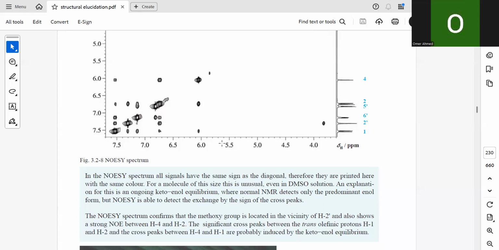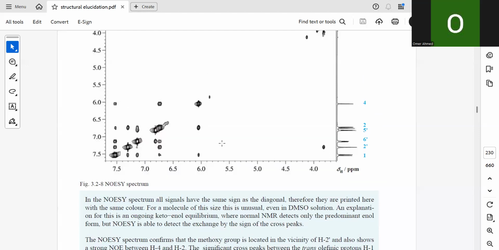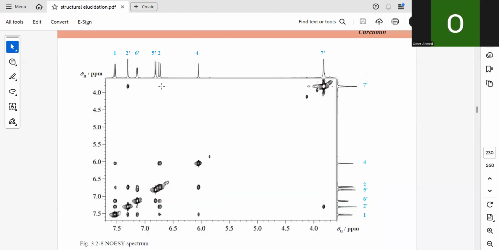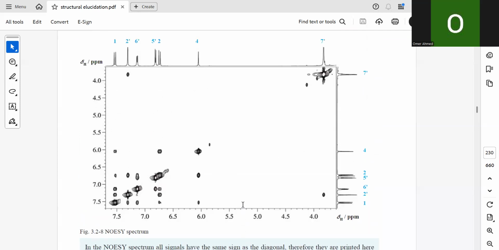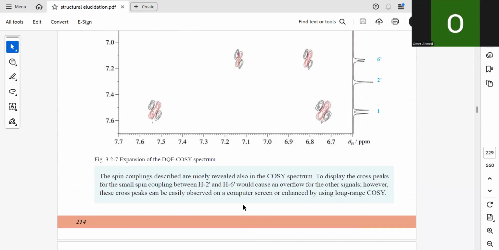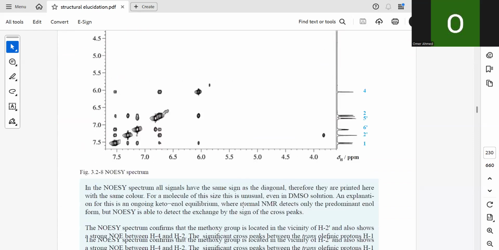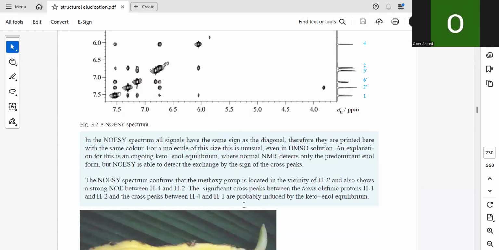As I mentioned, the NOESY spectrum confirms that the methoxy is located in the vicinity of the 2 prime, and also shows a strong NOE between 4 and 2.